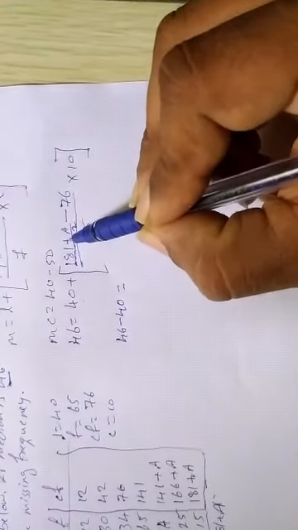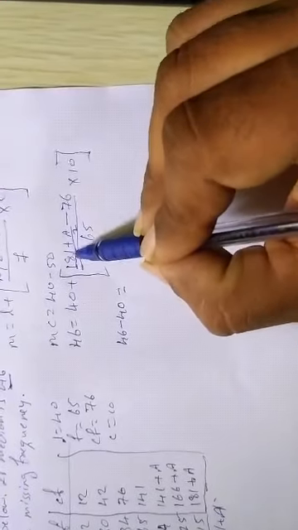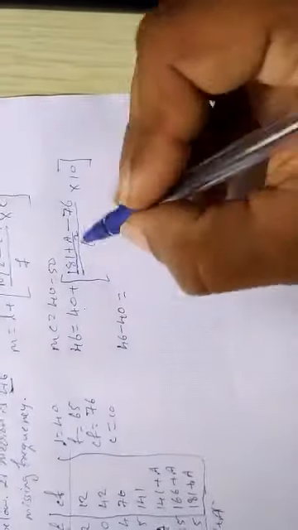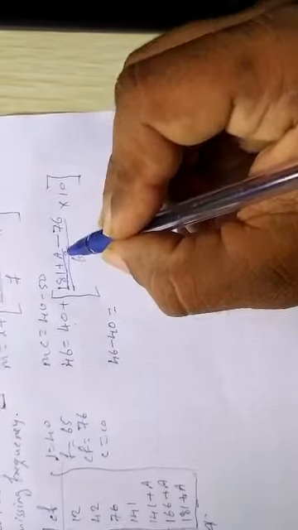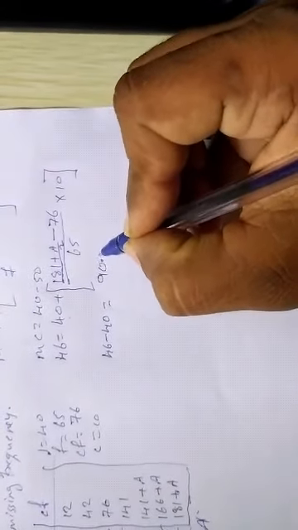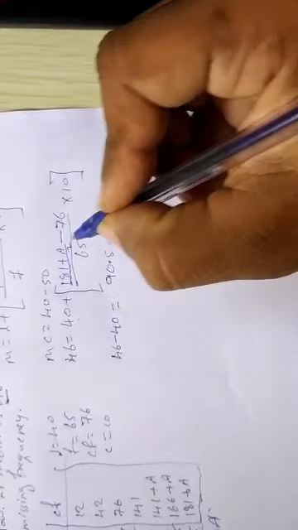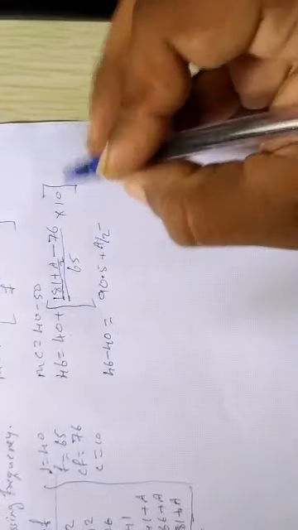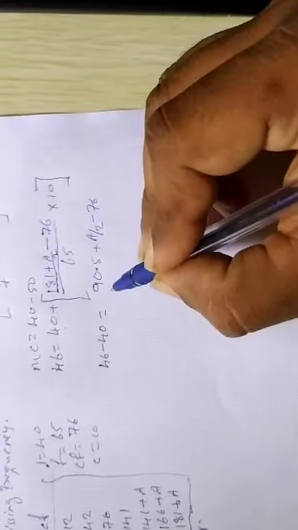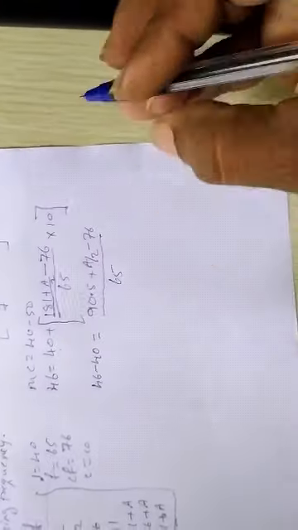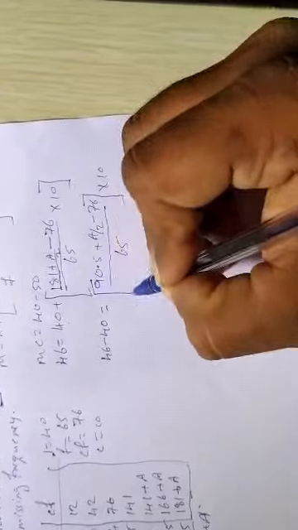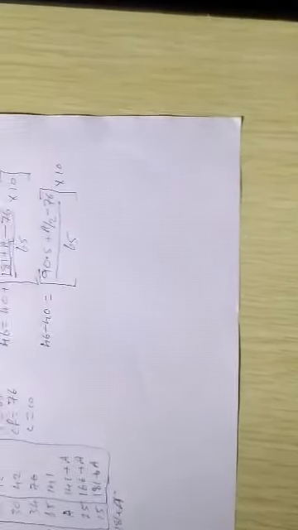We cannot do anything with this directly, so just reduce it so that we get a single value from these two. 181 by 2 becomes 90.5, plus A by 2, minus 76, whole divided by 65 into 10.